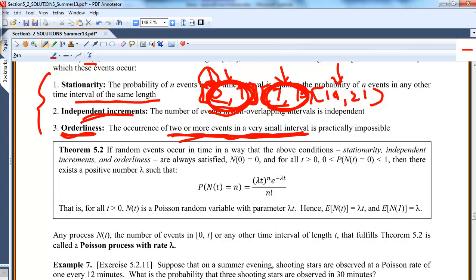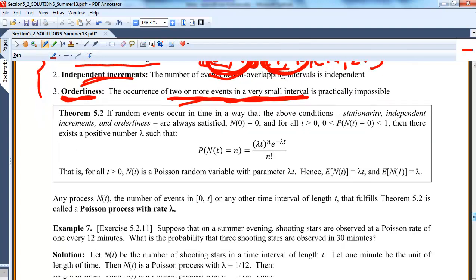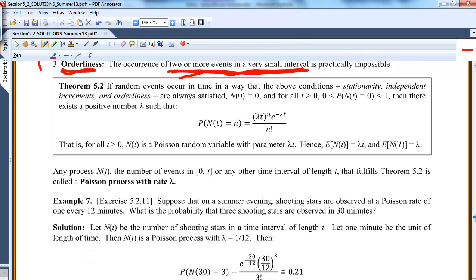So we call this a Poisson process. It's a random variable, and N of t is just counting the number of successes in the interval of length 0 to t, where n is just what's the probability there's n events. You should notice this is just a Poisson with lambda t being the rate.